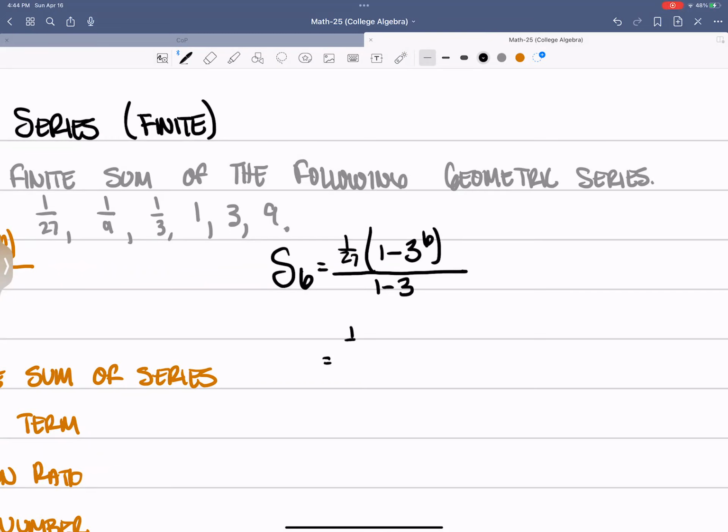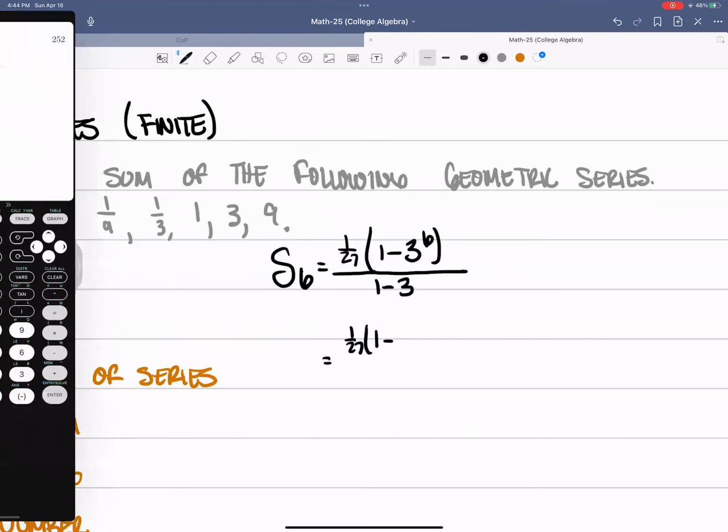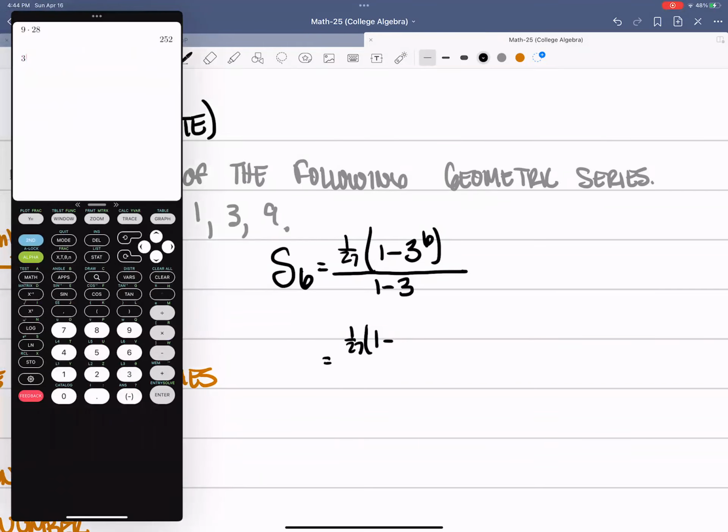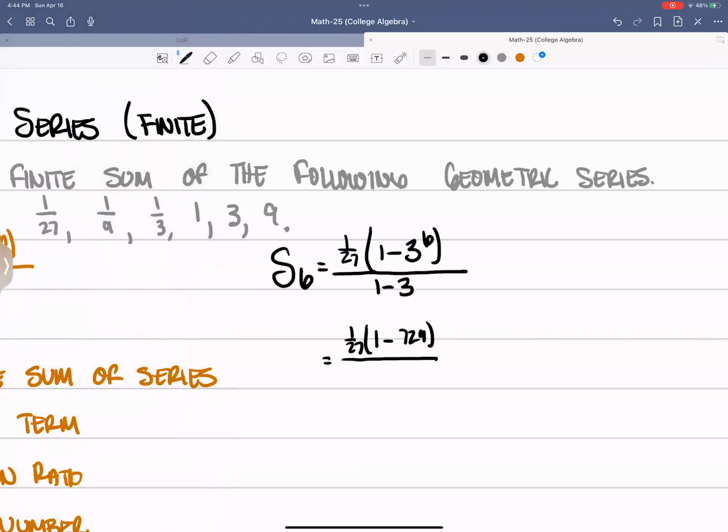We still have that 1/27, times 1 minus 3 to the power 6. 3 raised to the power 6 gives us 729. We're dividing all that by the denominator, 1 minus 3, which gives us negative 2.